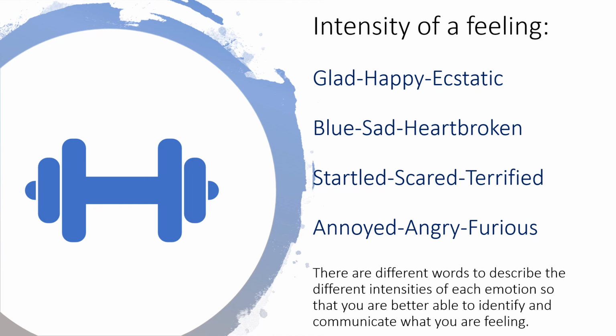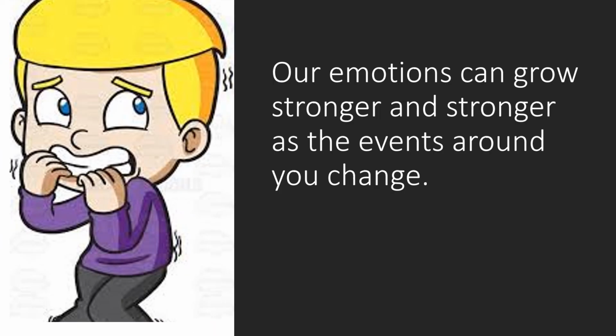You're a little annoyed. But it can go to absolute furious. That's a strong level of anger. So there are different words to describe the different intensities of each emotion. And being able to describe these intensities of emotions will help you to be able to identify and communicate what you are feeling. Our emotions can grow stronger and stronger as the events around you change.